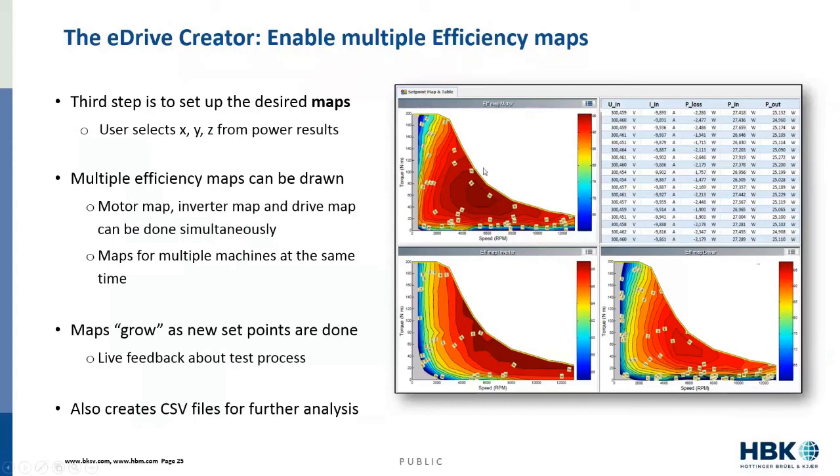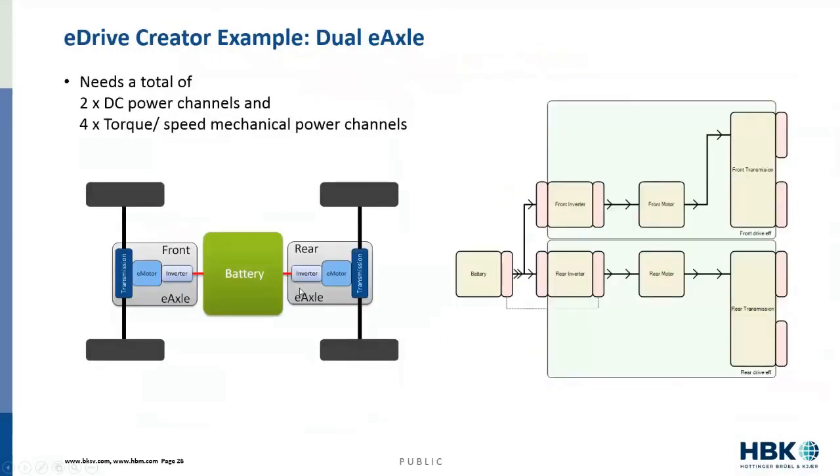And the user selects the x-axis, y-axis, and z-axis signals based on the calculations that are available. So in a test situation, this table would build up as you move from set point to set point of your motor. It would slowly fill in one row at a time. And for blocks of that data, say every 10 points or whatever it is, it would populate this efficiency map in real time.